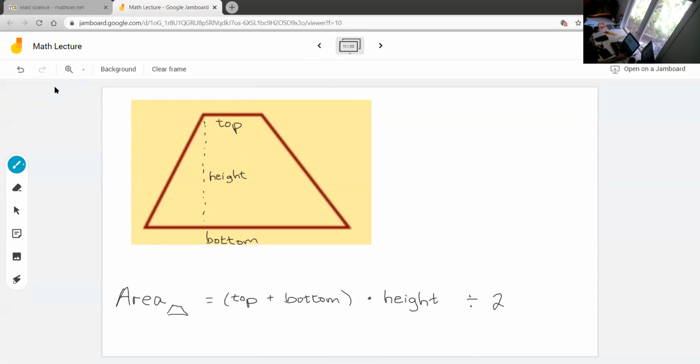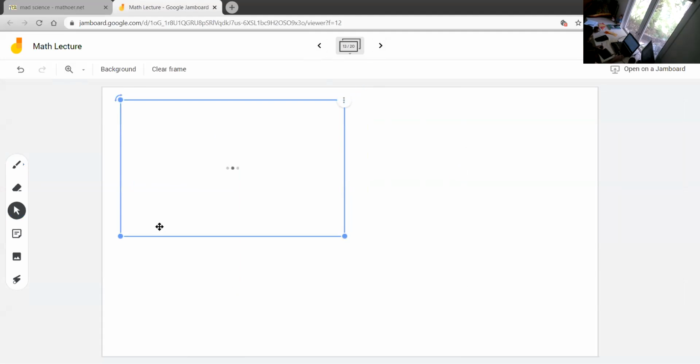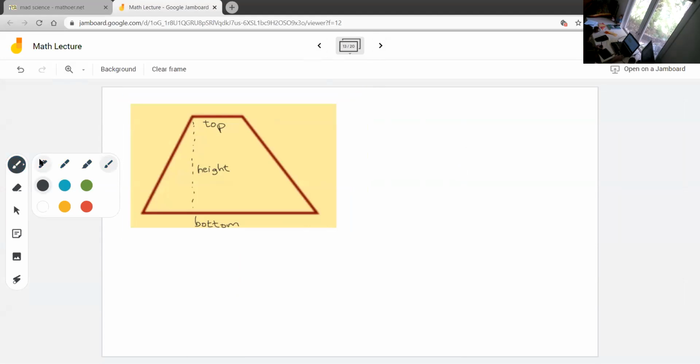The other thing to note is I can rewrite this formula. I can put the top plus bottom together.